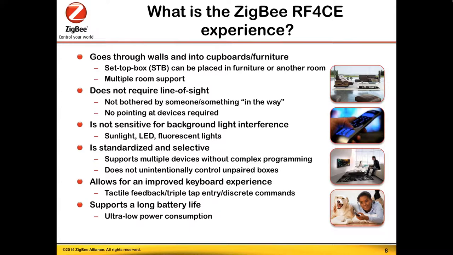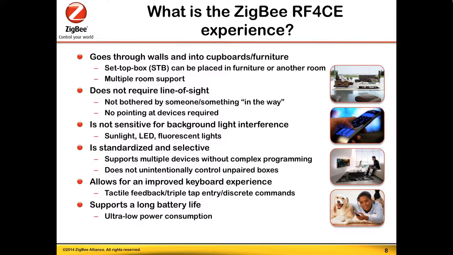You don't have to point and shoot the remote control to the set-top box or to a specific place on the screen of a TV. It's not sensitive to sunlight. It is very selective. You can have one remote control with one box that is paired with it, and about the pairing a little bit more later.